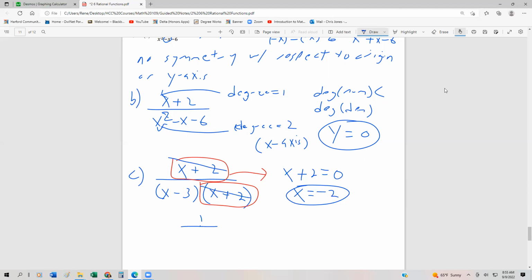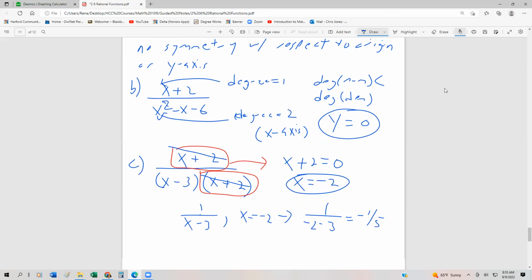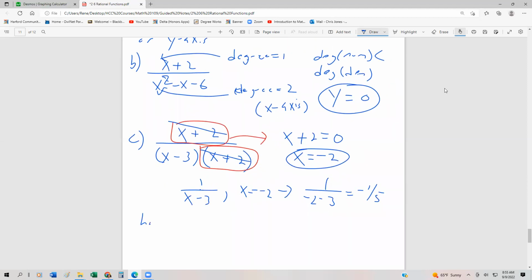And now we have 1/(x - 3). We're going to substitute x = -2 back in. So it'd be 1/(-2 - 3), or -1/5 is the y coordinate. So there is a hole at the point (-2, -1/5).